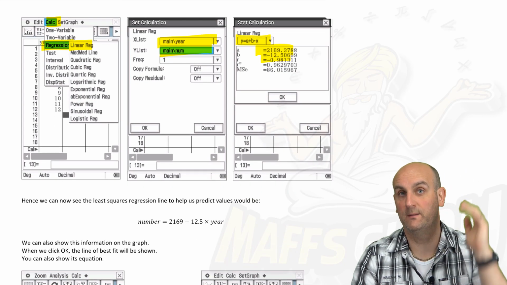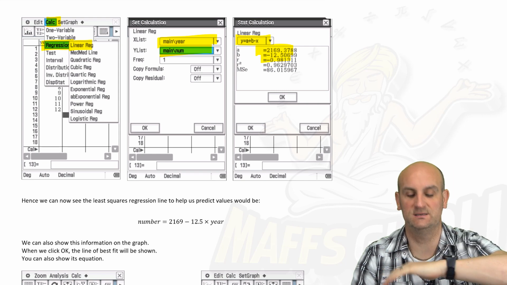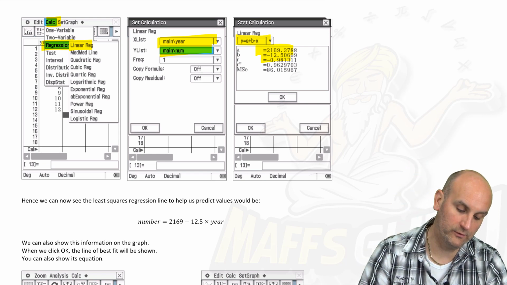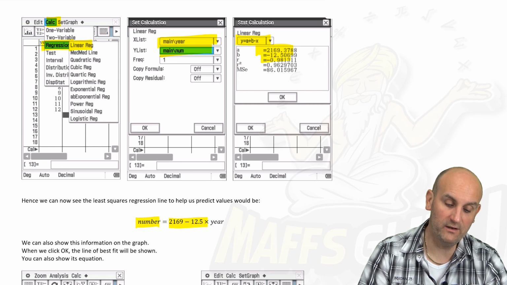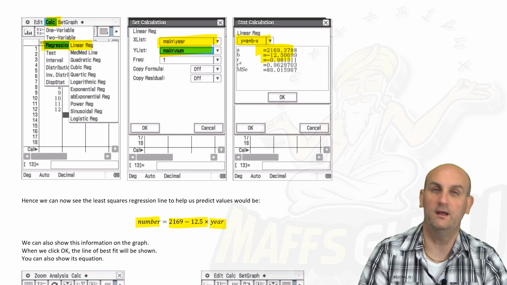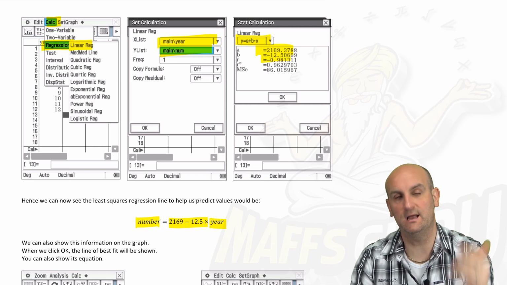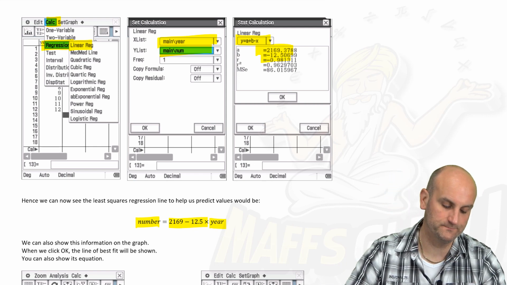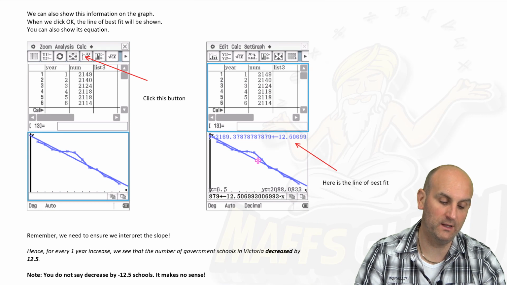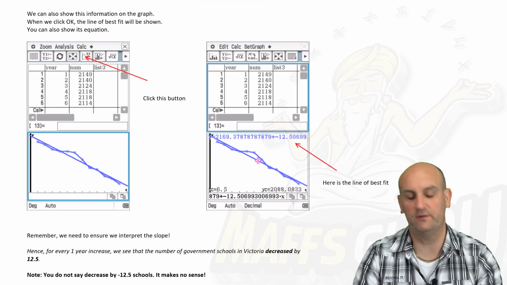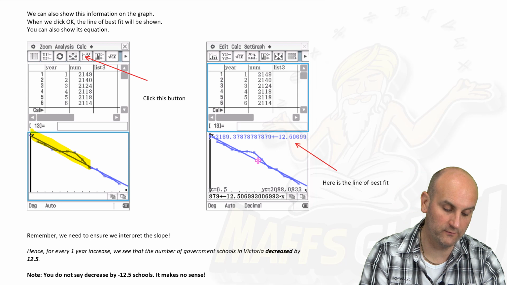The y value is number, the x value is year, and so we can now put number is equal to 2169, that's my value of a, minus 12.5 times the year. Bang, done. No different than what we've done before. We can also show that information on the graph. When you click OK on that previous dialog box, it's going to draw the regression line on for you.